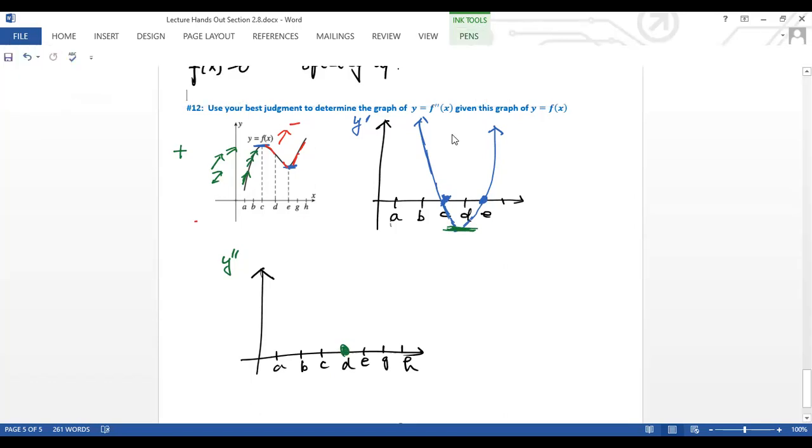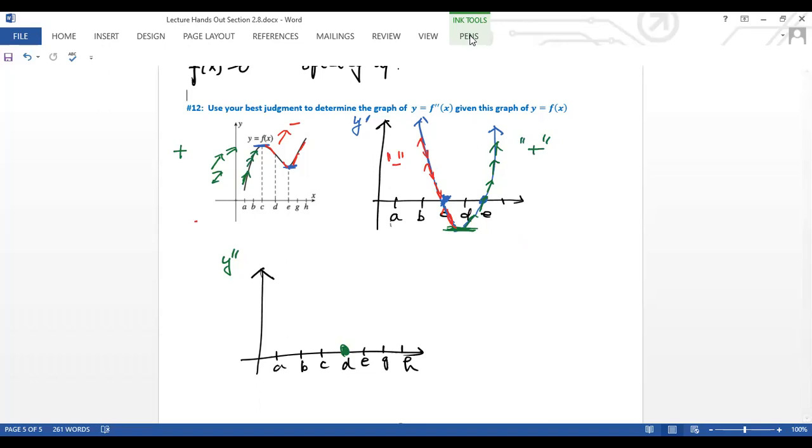Now take a look on the left-hand side of your curve. What are the tangent lines here? The slope is negative. It starts out very, very steep, and then gradually flattens out and becomes 0, right? Then after you pass 0, your tangent lines become positive, more and more positive.